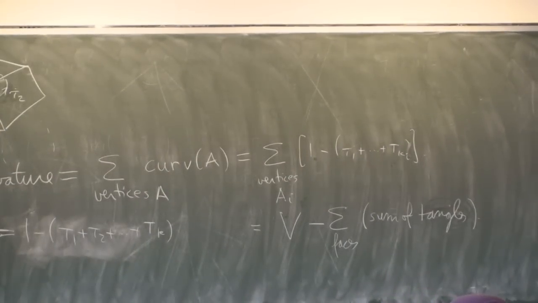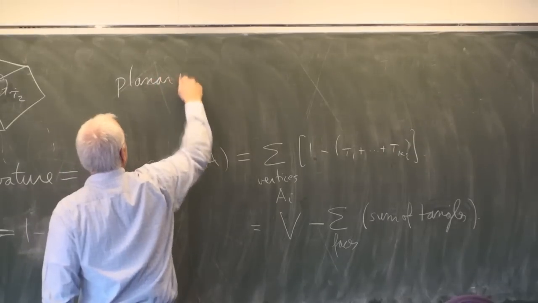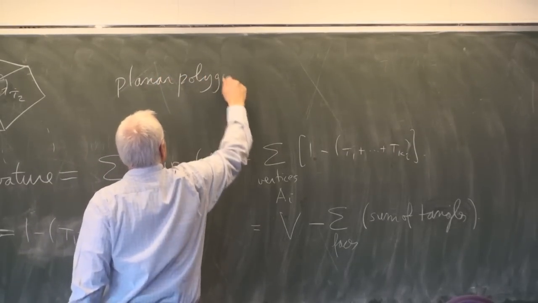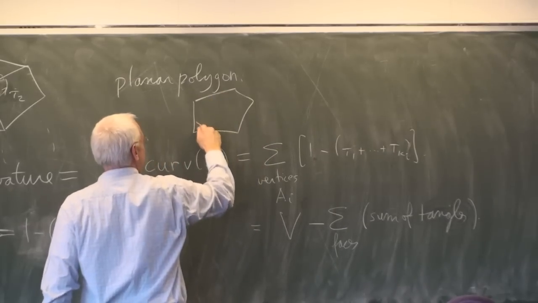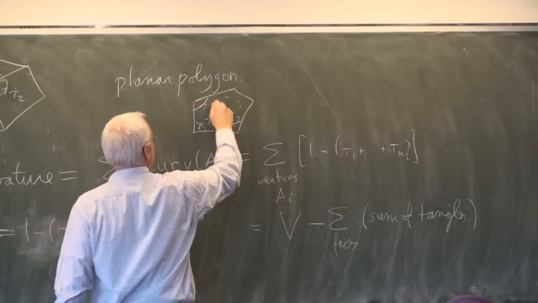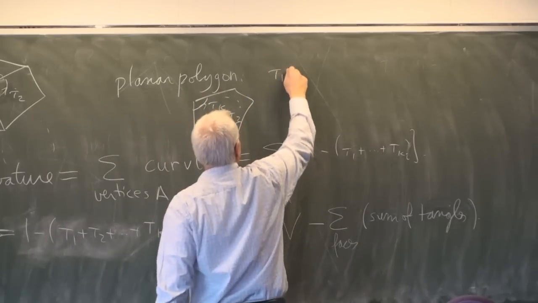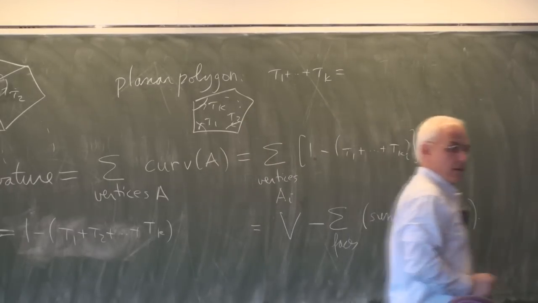Now, each one of these pieces is actually a planar piece. And what do we know about a planar polygon? For a planar polygon with turn angles tau 1, tau 2 up to tau k, what is tau 1 plus up to tau k actually equal to?